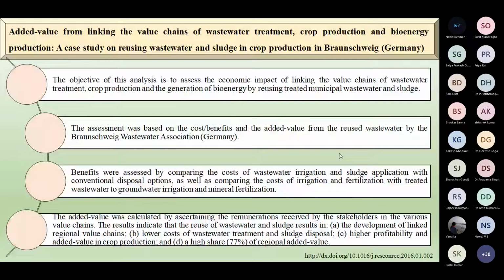Such an integrated approach gives you profit as well as lowers the cost of wastewater treatment and sludge disposal. It was found that it has 77% more added value.